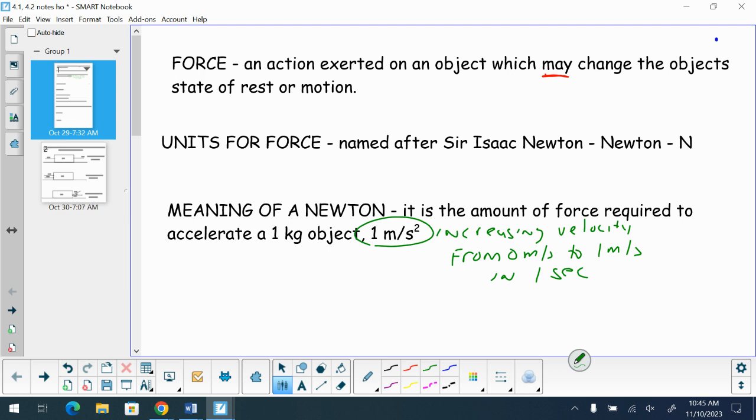We are accelerating a mass of 1 kilogram from 0 meters per second to 1 meter per second in 1 second. Good enough. So if this 1 kilogram object is sped up to 1 meter per second in 1 second.